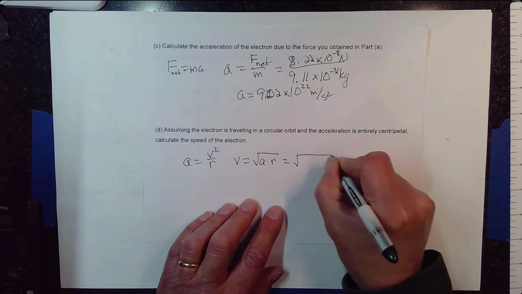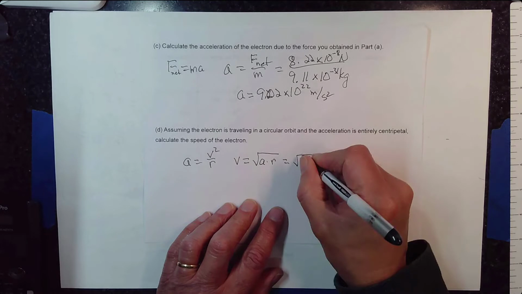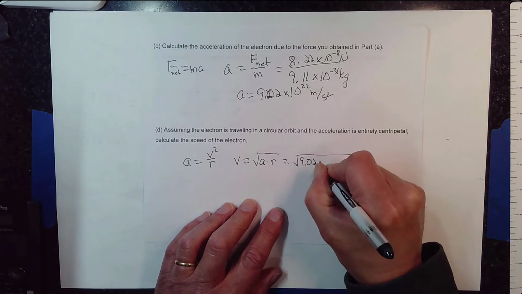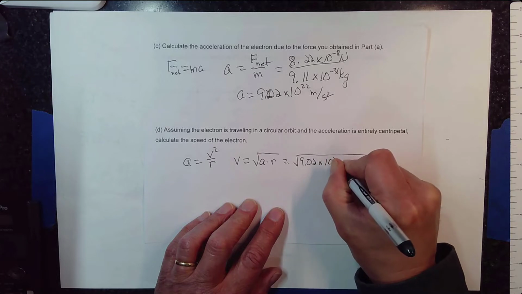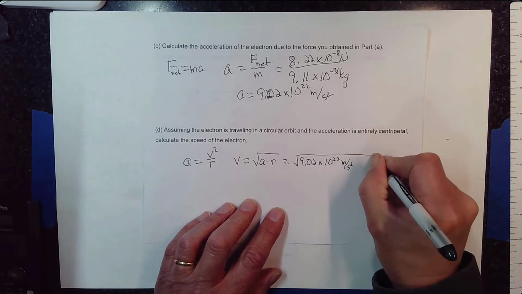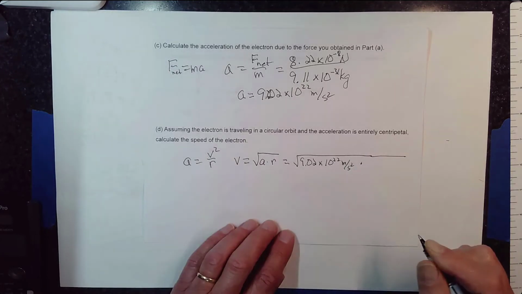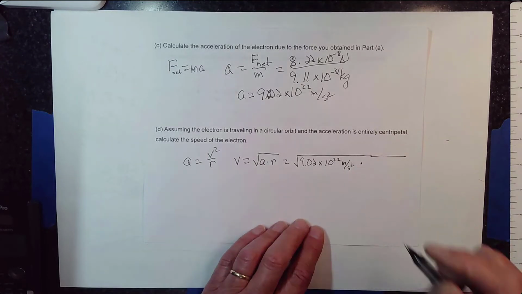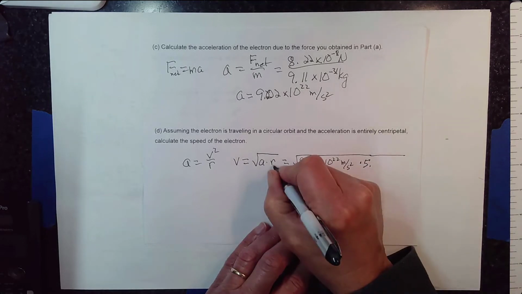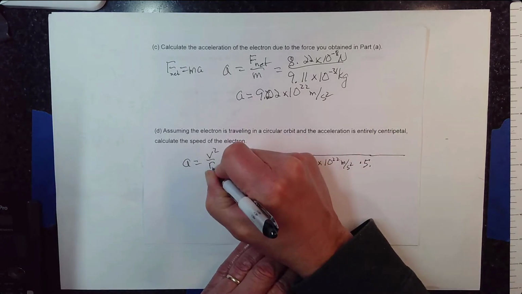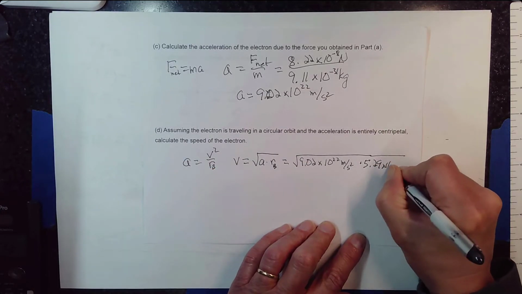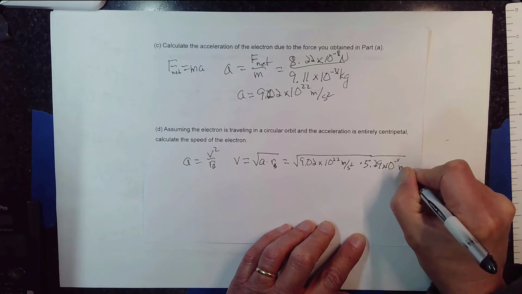And in this case, we've got that absolutely enormous acceleration, 9.02 times 10 to the 22nd meters per second squared, times the radius, Bohr radius again. I should put a little r sub b down there. 5.29 times 10 to the minus 11th meters.